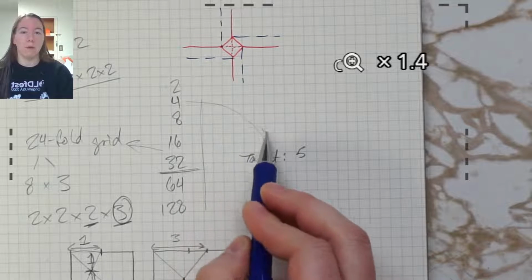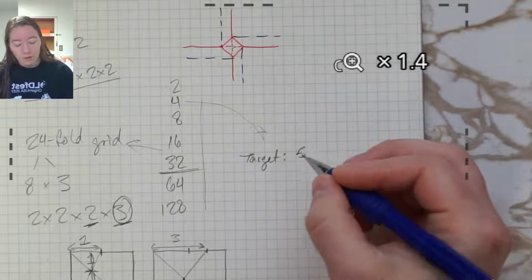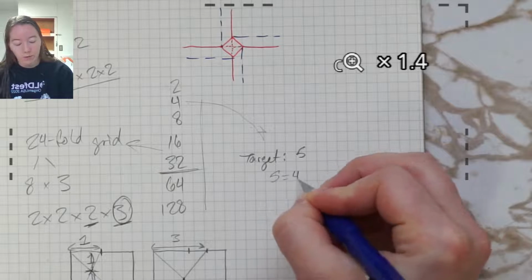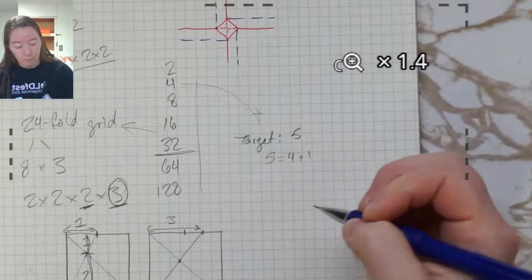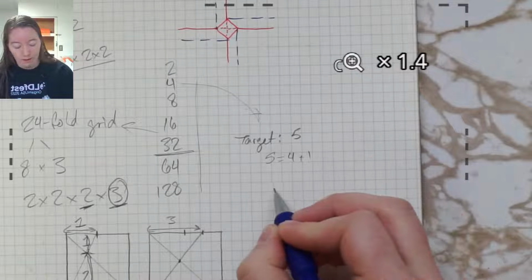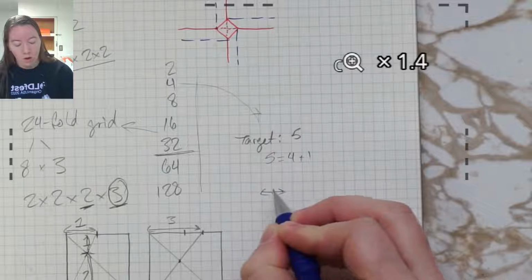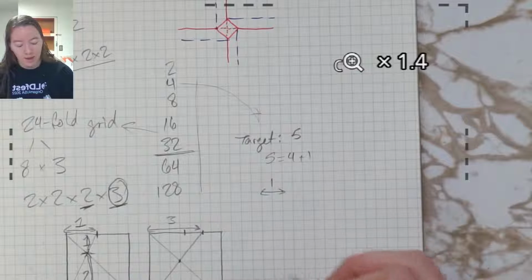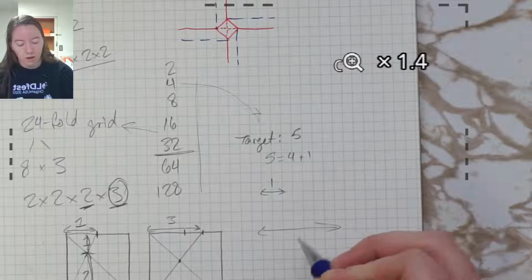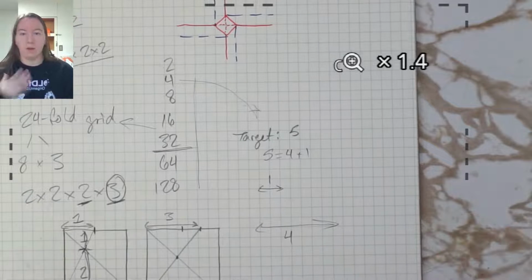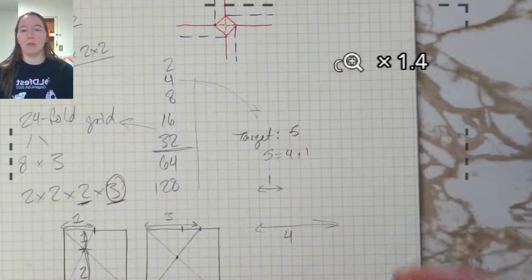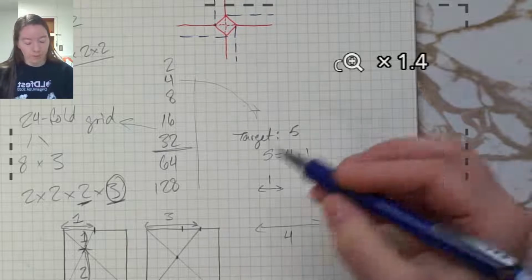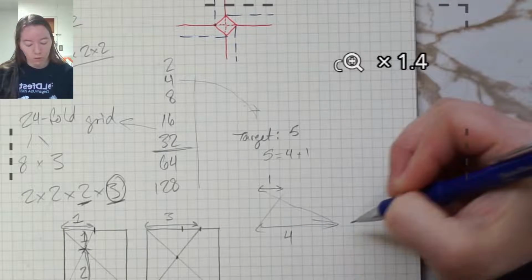So 4. And I'm going to say 5 equals 4 plus 1. And then I'll say, okay, then I can have a distance of 1 at the top and a distance of 4 at the bottom. And that's how I'm going to get my target of 5 when these 2 cross.